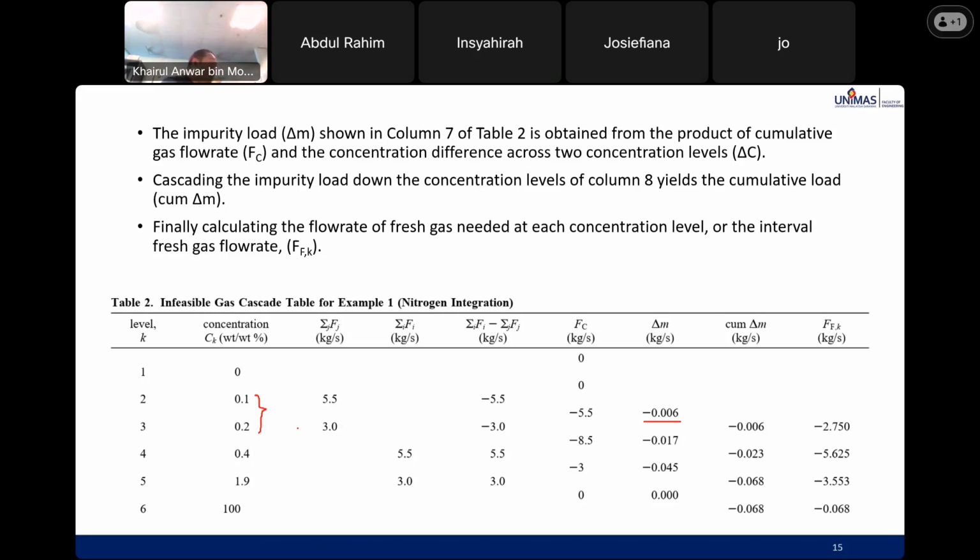So you will get, actually in this paper, the actual value for delta M is 0.0055.